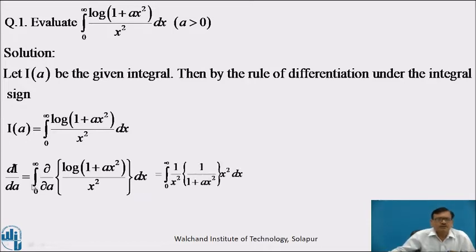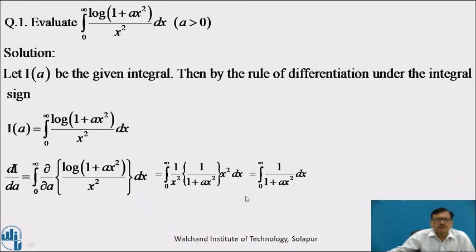Now, which is equal to, here we are differentiating log(1 plus a x square) by x square with respect to a. Therefore we have to treat x as a constant. We can write the integration from 0 to infinity of 1 by x square as it is, and the partial derivative of log(1 plus a x square) with respect to a is 1 upon (1 plus a x square) into the derivative of (1 plus a x square), which is x square, dx.